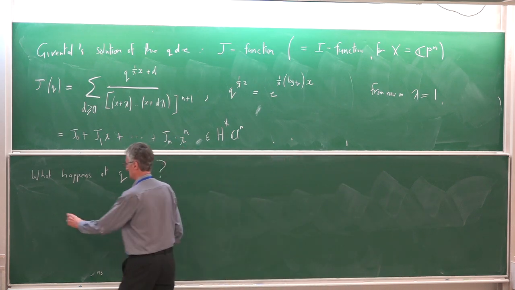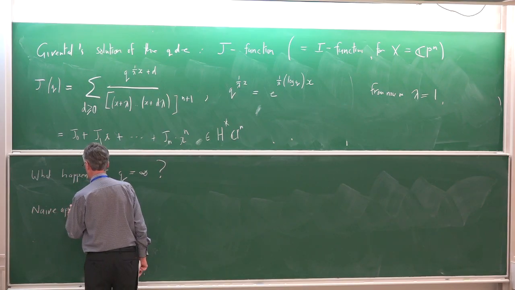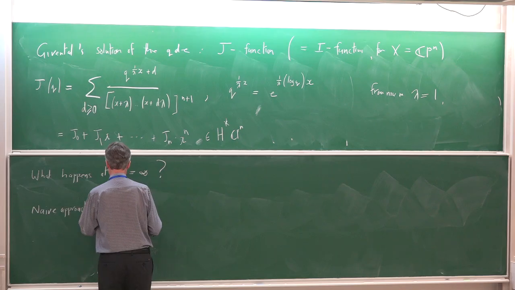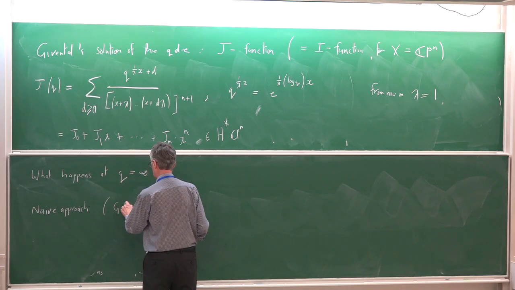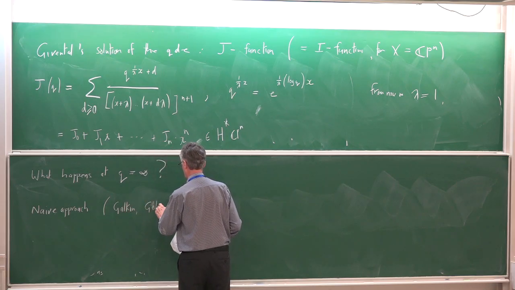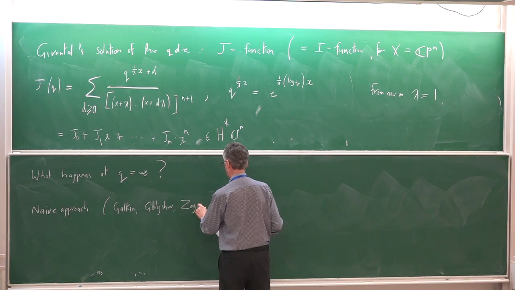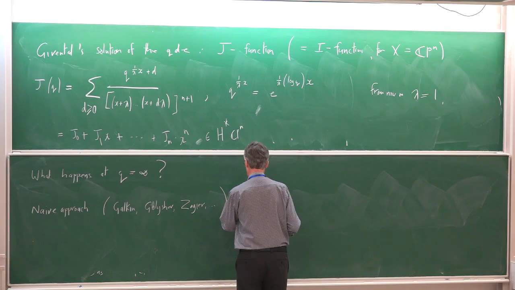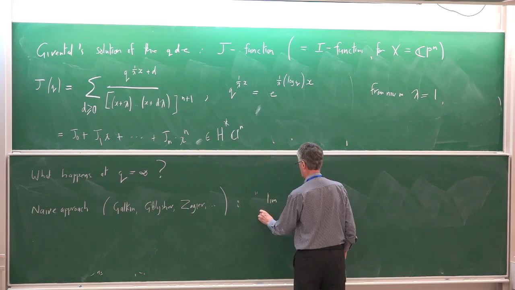Well, there's a naive approach to this question. By Galkin, Golyshev, Zagier, where basically the statement is that the limit at infinity exists of something.